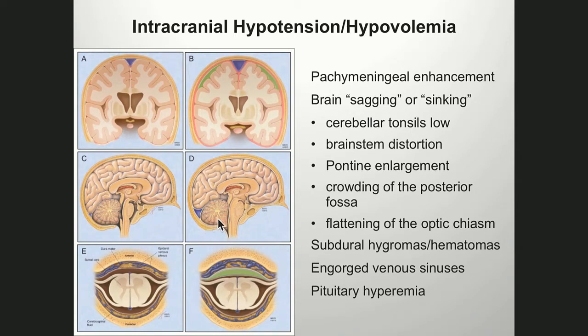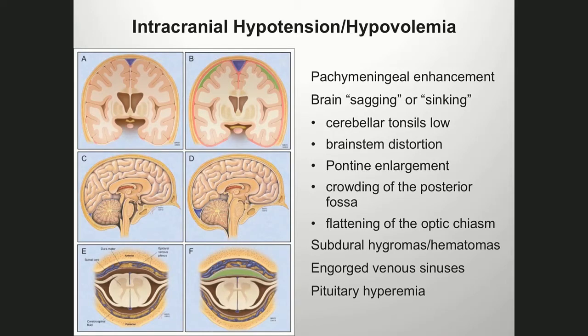There's inferior descent of the tonsil, optic chiasm distorted, and the pituitary is hyperemic and enlarged, plump. Same thing can be seen in the spinal canal, where the epidural plexus enlarges, and there may be fluid collection ventrally.